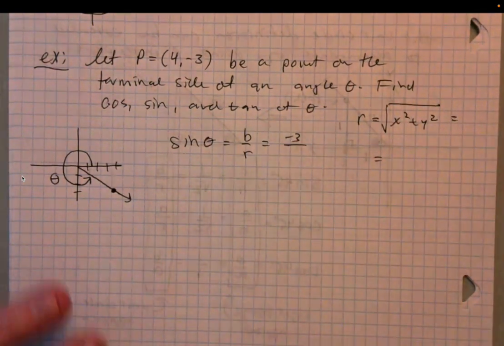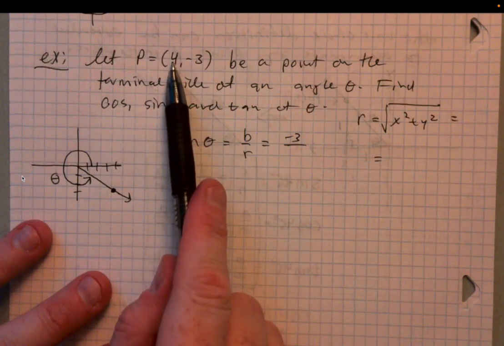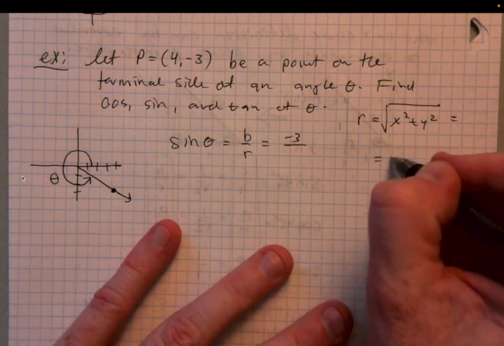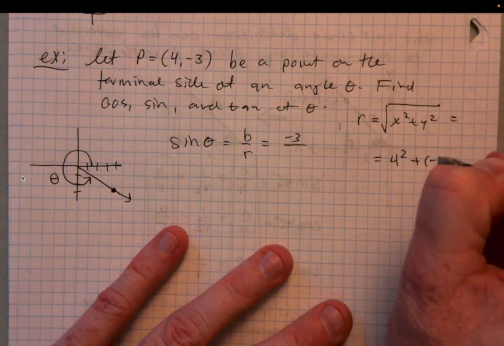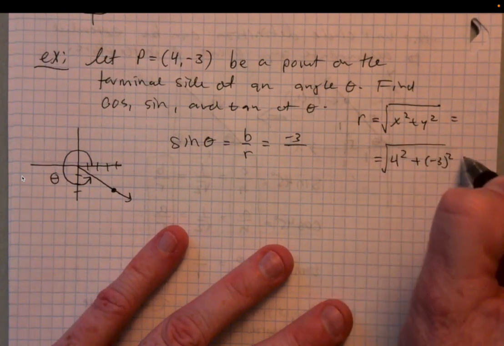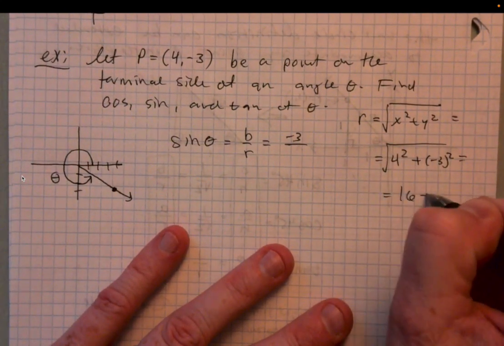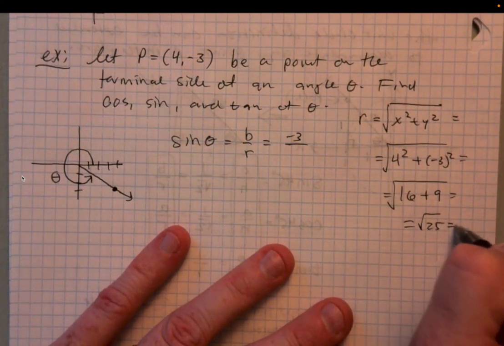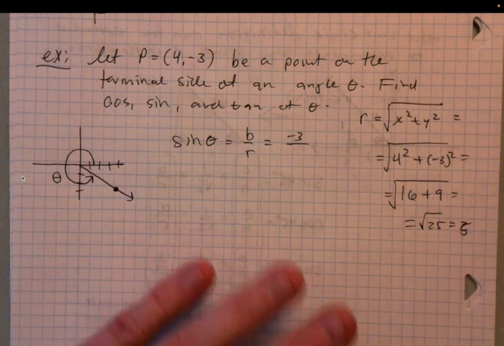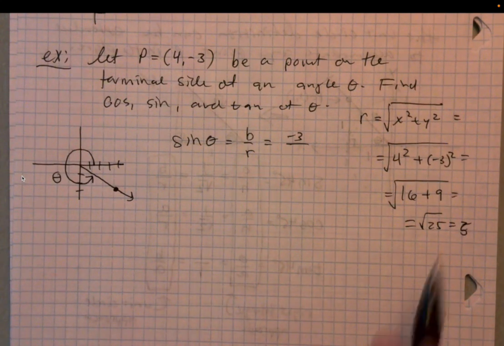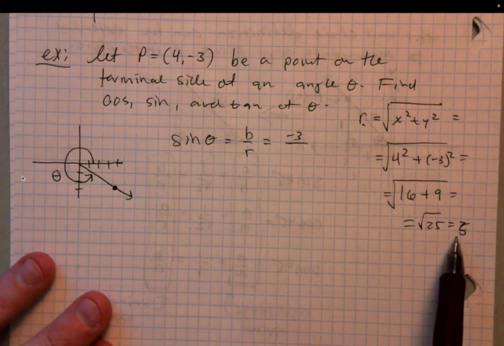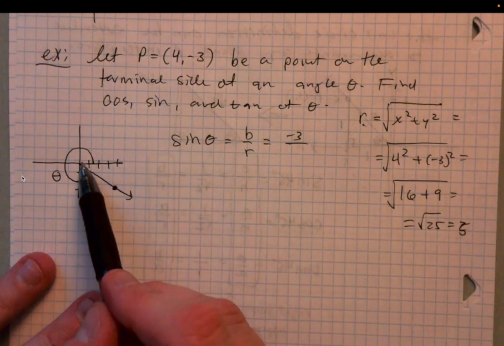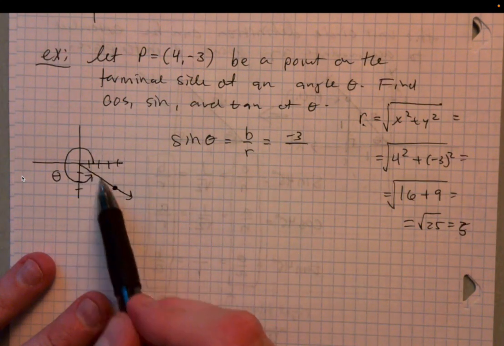In this case, the x coordinate is 4, the y coordinate is negative 3, so this would be 4 squared plus negative 3 squared. That's 16 plus 9, so that's the square root of 25, also known as 5. That's our r. So r is 5. The distance from here out to this point is 5.